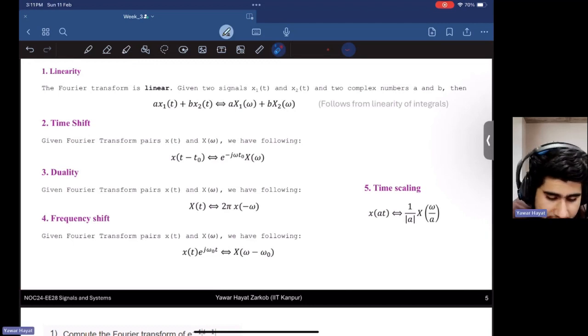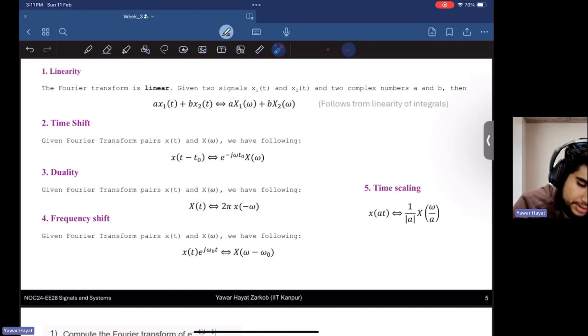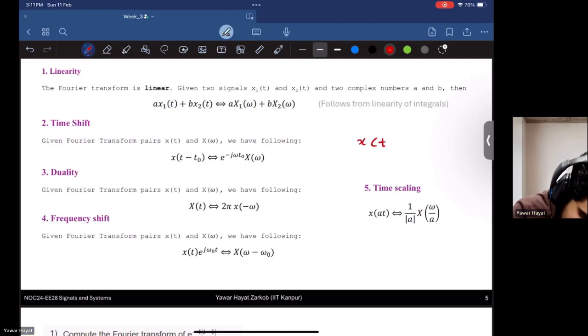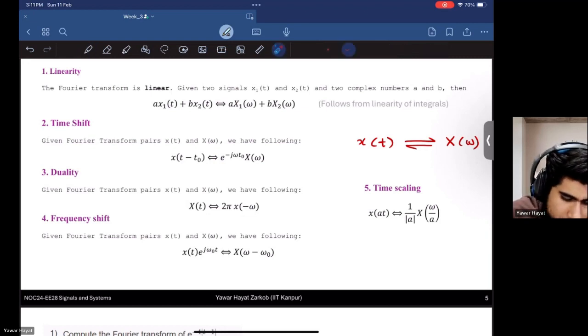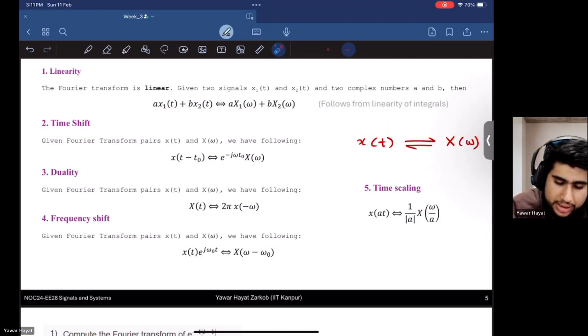Given the Fourier transform pair x of t and X of omega, we have the following, right? So we have the following Fourier transform pair, right? The X of omega is the frequency representation of this x of t.